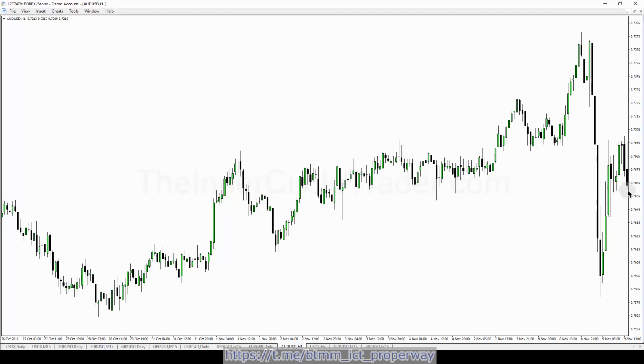Inside this consolidation, let's take a look at the liquidity pools and ranges above and below. Above here, we have this range here. What I'm noting is this candle's opening, 77.42, and this candle's high coming in at 77 even, big figure.